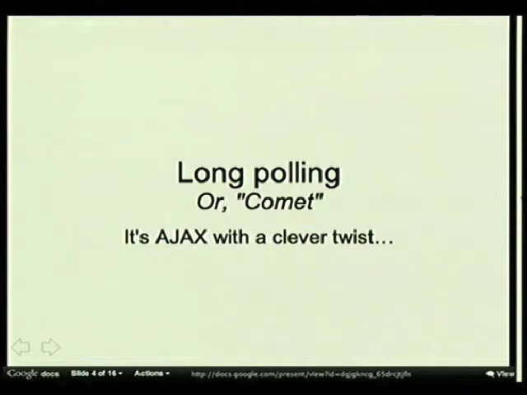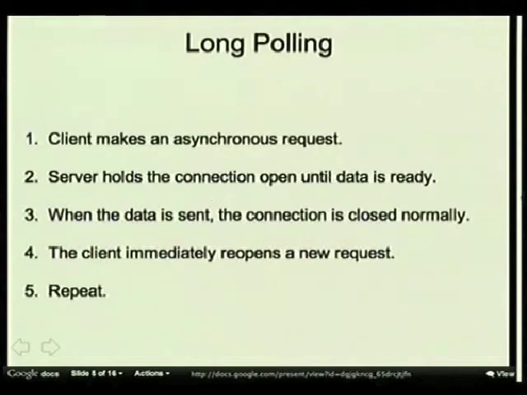Another way to do polling, kind of a successor to that, is Comet, or long polling. And really it's just the same as Ajax. It has a small twist in that you make your request and the server just holds that connection open. If there's nothing for it to tell the client, it just says, okay, hold on, wait until I have something to tell you.